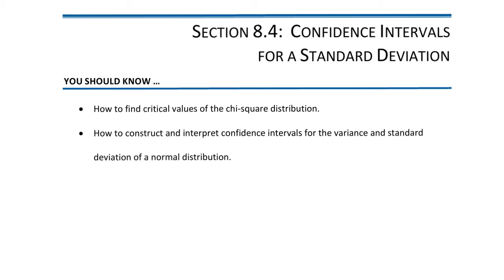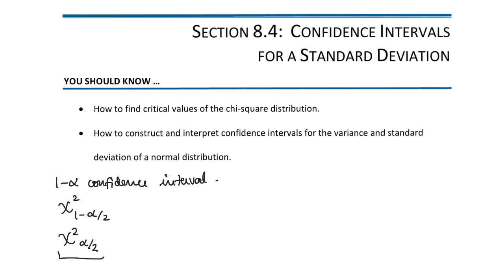And for level 1 minus alpha confidence interval, the critical values are denoted by chi square 1 minus alpha over 2 and chi square alpha over 2.